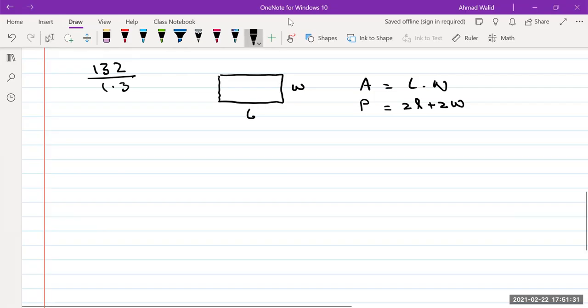This is, for example, the formula for how to find the area of a rectangle or the perimeter of a rectangle. In the same page, you have the formula for a circle, a triangle, or a trapezoid, correct?